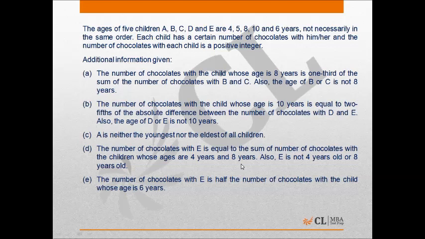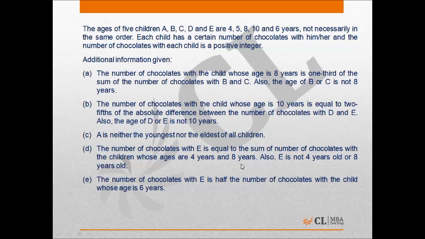After going through the additional information, it becomes clear there are two things. One is age, and second is the number of chocolates with the 5 children, and it would be a bit easier for us to deal with one thing at a time, either age or the number of chocolates.